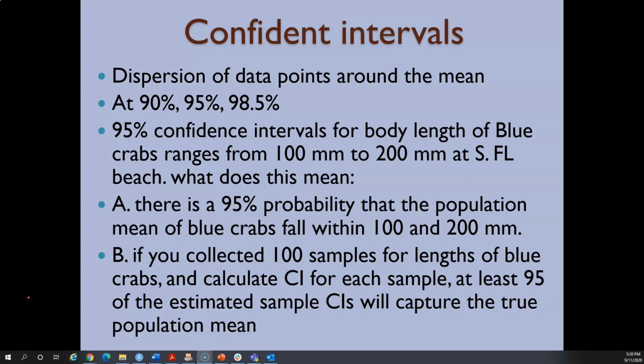Remember what the population mean is. Population mean in this case is the average body size of crabs on a southern Florida beach. So there you go. That's what a confidence interval means. All right, let's move on.